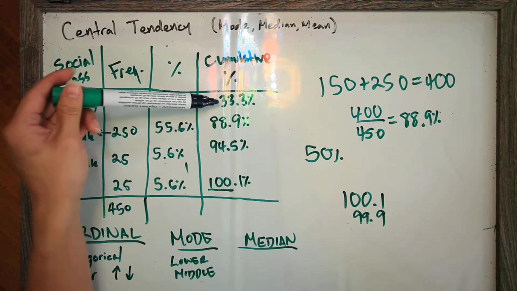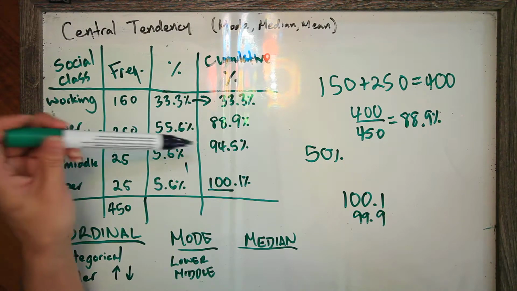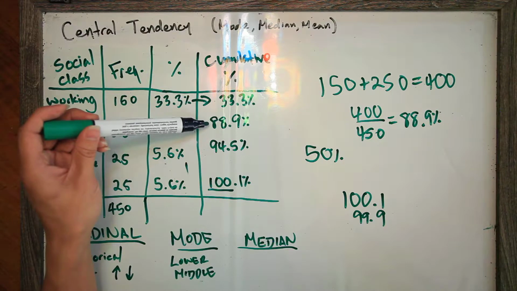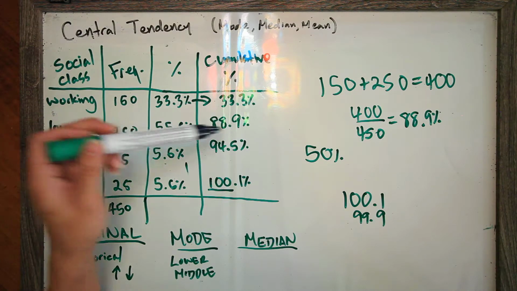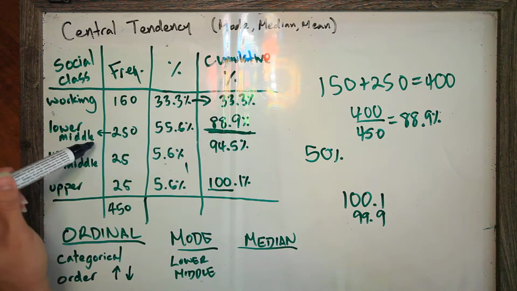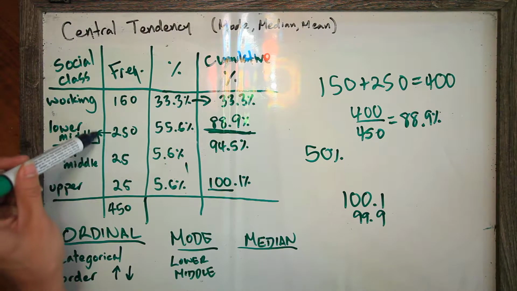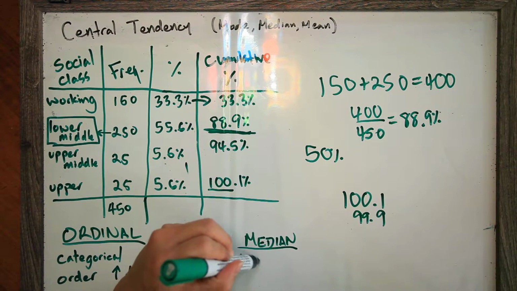No, it's 33.3. So we go to the next row. Does lower middle class pass 50%? Yes, it does, right? Because 88.9 passes 50%. So this is where we draw the line, and that means that our median is lower middle. Okay?